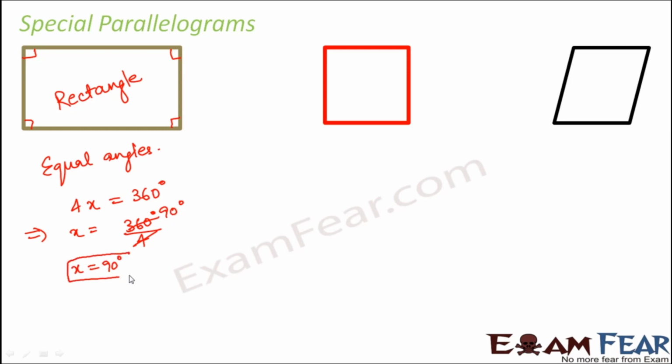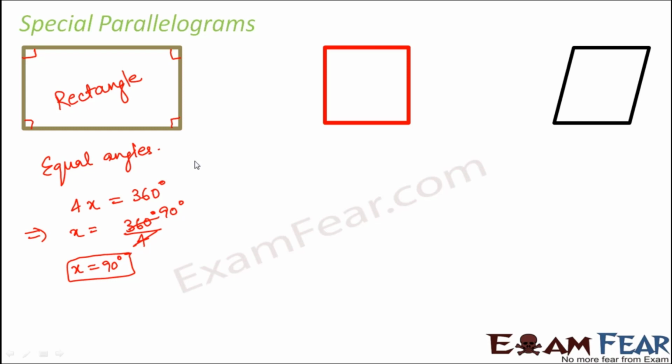Therefore all the angles in a rectangle are equal to 90 degrees. The sides are not necessarily equal. Their opposite sides are equal, which is again a property of a parallelogram, but not all sides are equal.